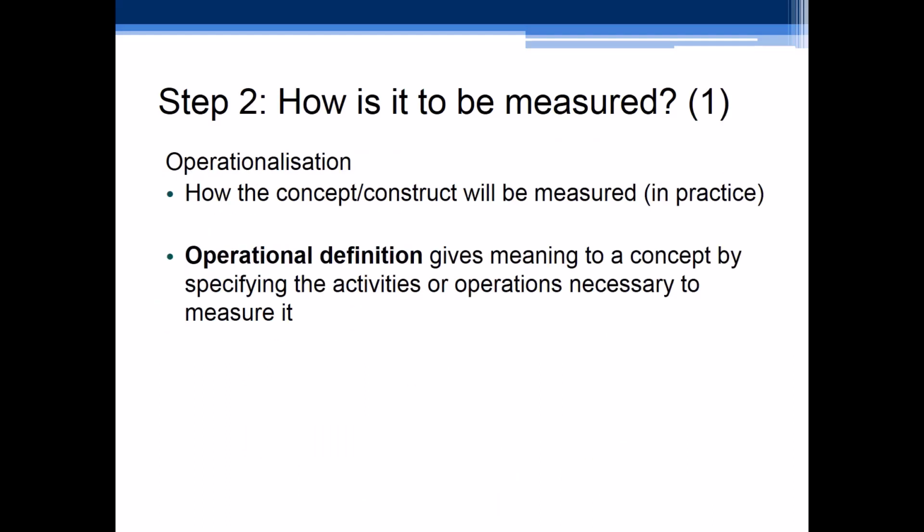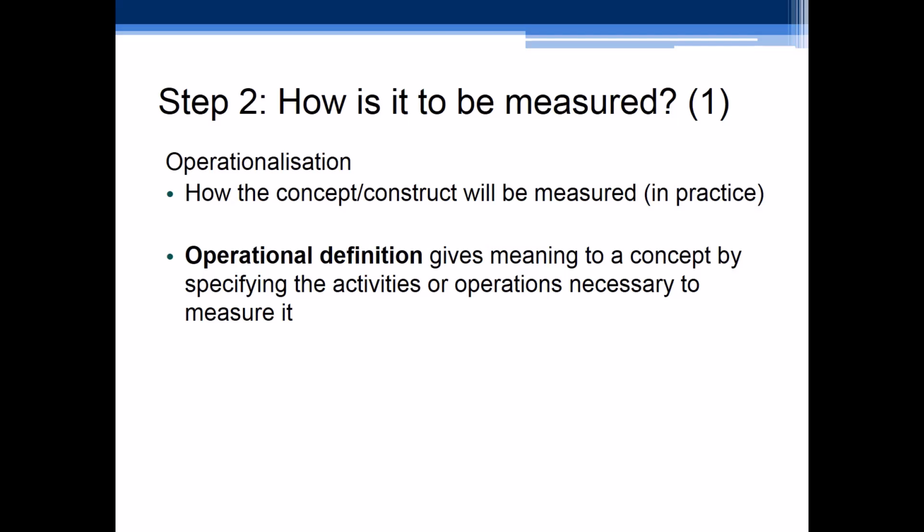On top of the conceptual definition, we also provide what's termed an operational definition. An operational definition is essentially specifying how you intend to measure that construct or concept in practice, right?